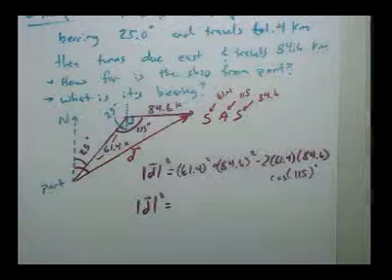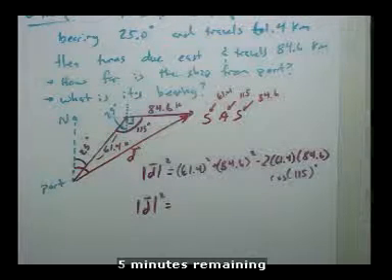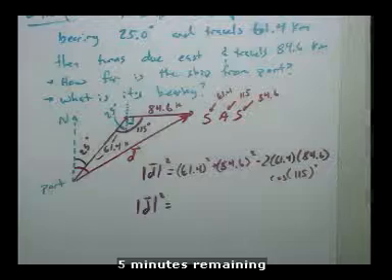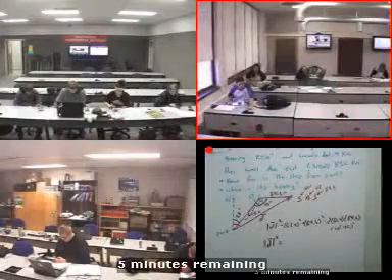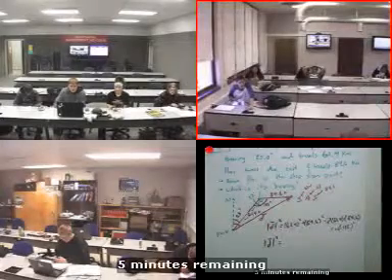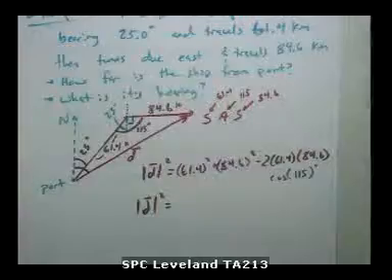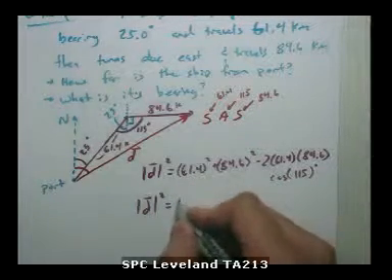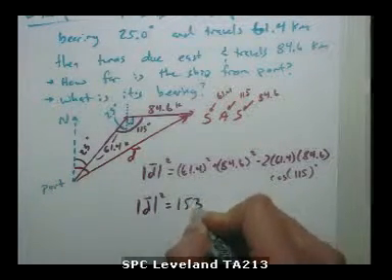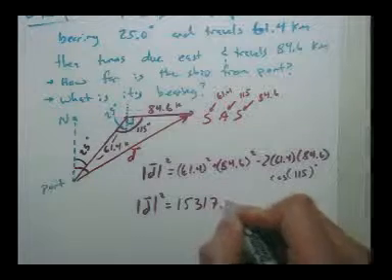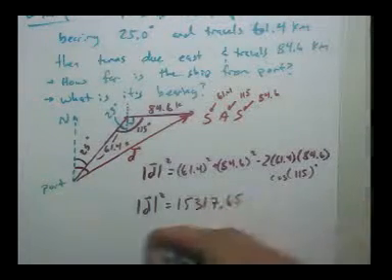What is the square of the magnitude? After we got the square root, we got 123.8. That'll work. The square, 15,317.65.